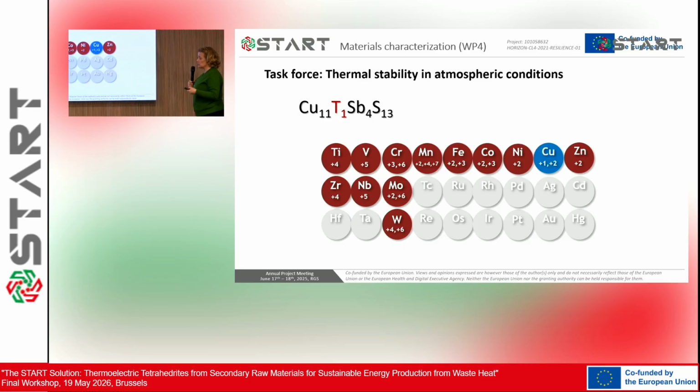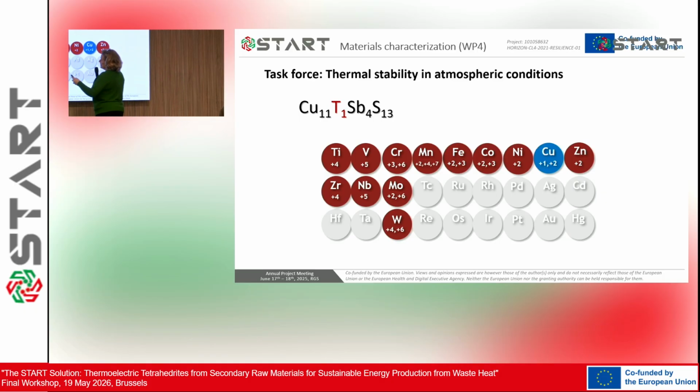One of the things we were afraid of was the thermal stability of tetrahedrite, because of sulfur sublimating. So we decided to see if we could replace copper with any of those metals, especially the ones which we thought could passivate the surface, so maybe we could get the sulfur to stay inside.